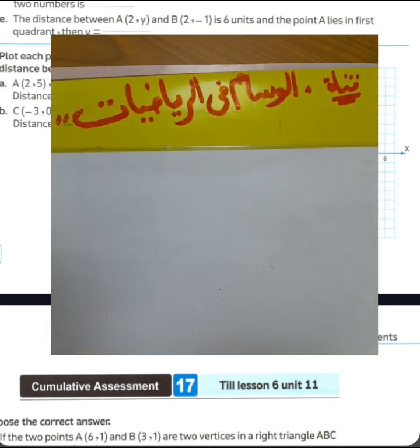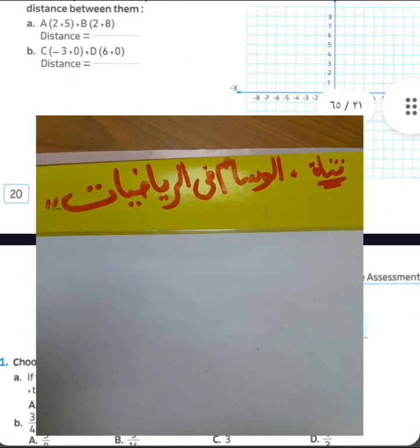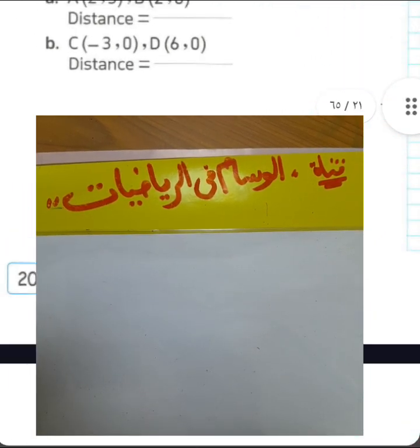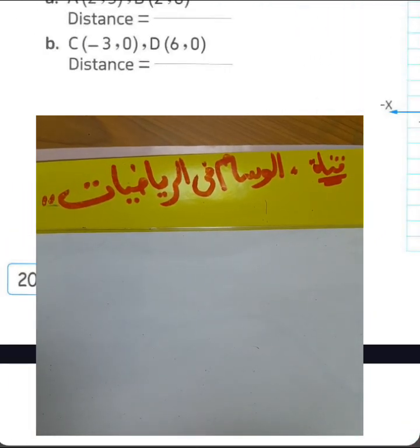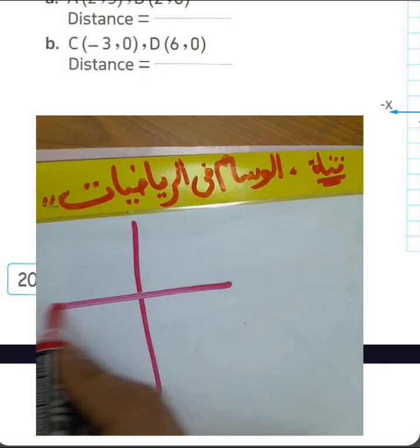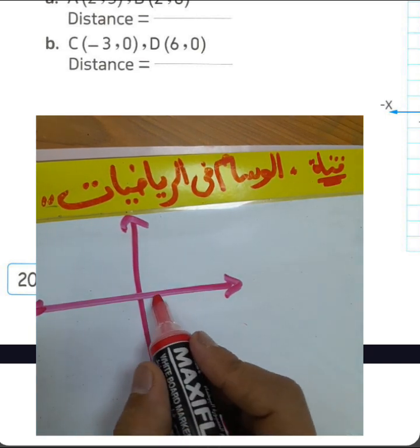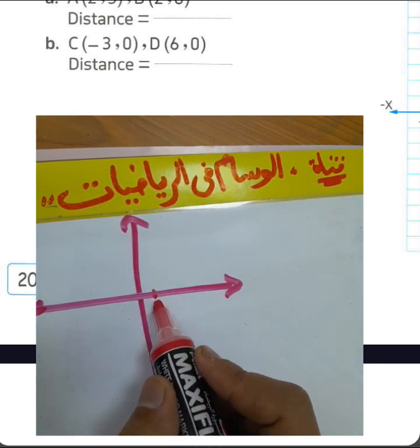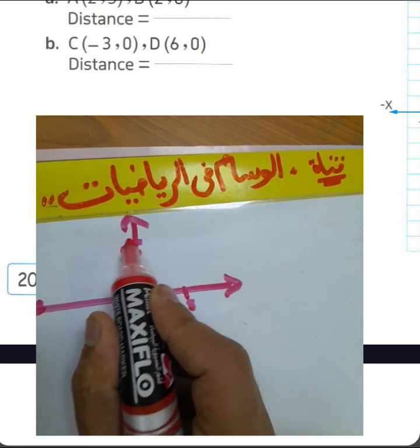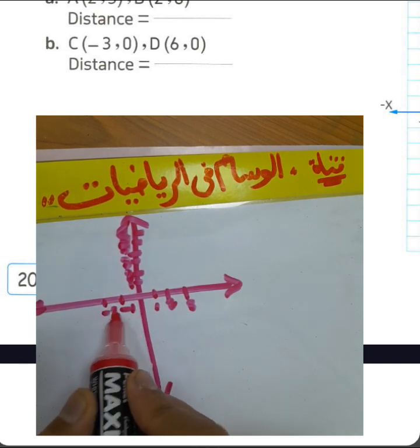Okay. Next example, plot each pair of points on the graph and then find the distance between them. We have the first point in the coordinate plane. We have 1, 2, 3, 4, 5, and 6, and negative 1, negative 2, negative 3.